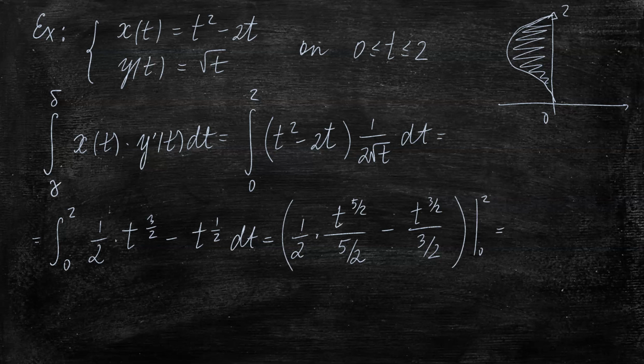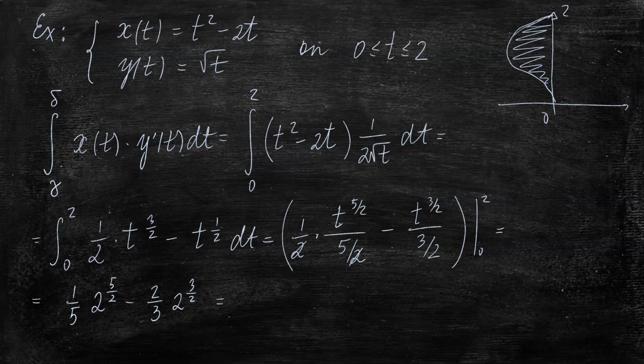At 0, of course, everything is 0, and at 2, so let's see, we're going to end up with 1/5 2 to the power 5/2 minus 2/3 2 to the power 3/2. And not sure if we can simplify this further, so let's just leave it as is.